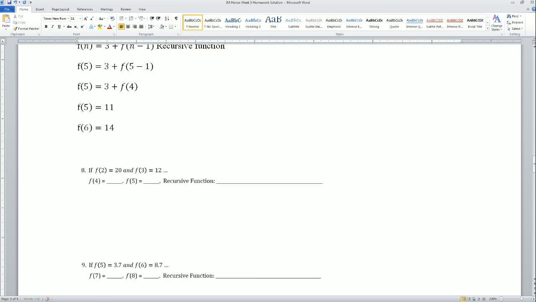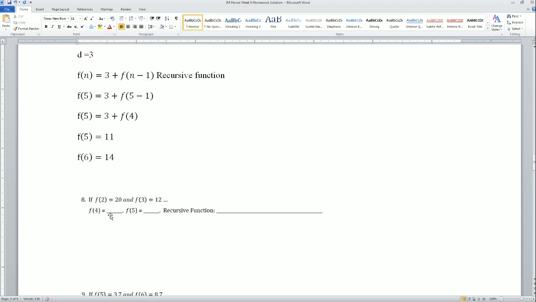Next one. We want to find the common difference again. So the common difference is going to be your 12 minus 20. Your next term, subtract your previous term, which is going to be equal to, looks like it's a negative 8.